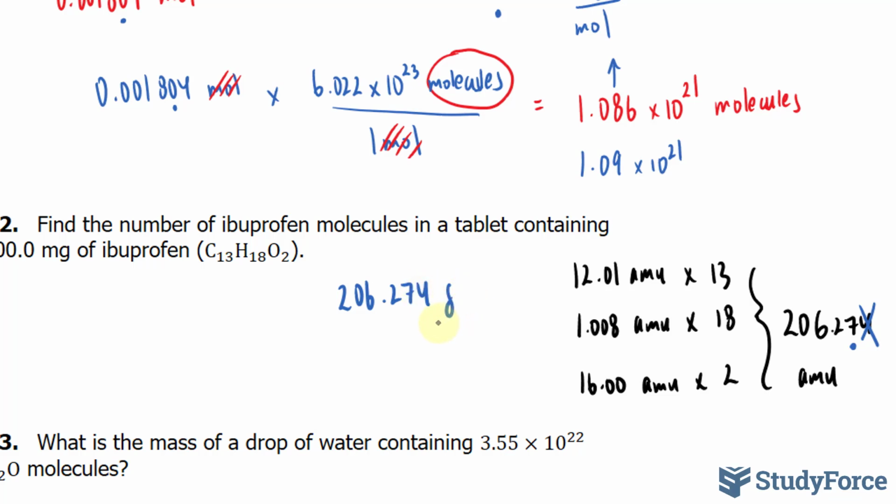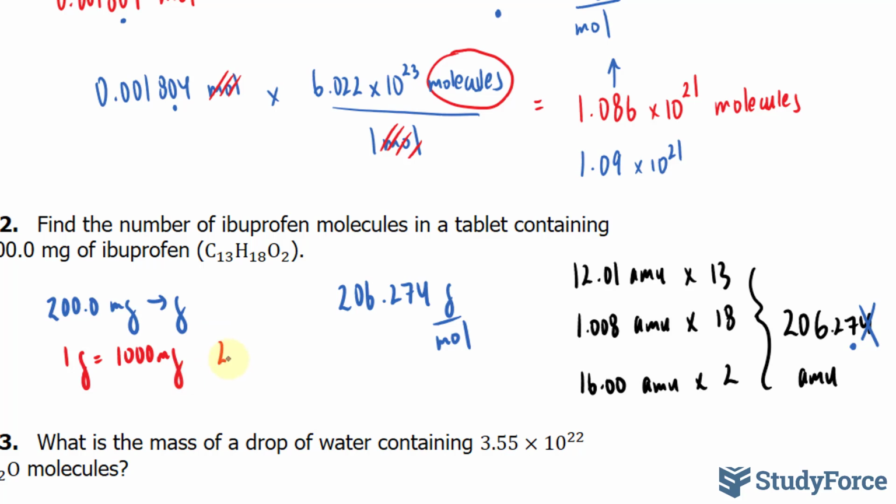206.274 grams per mole. What I'll do next is take the mass of one tablet, which is exactly what we did in question 1, and it's in milligrams here, so we have 200.0 milligrams, and convert it into grams. The conversion ratio for grams to milligrams is not hard. In fact, we have 1 gram per every 1,000 milligrams.